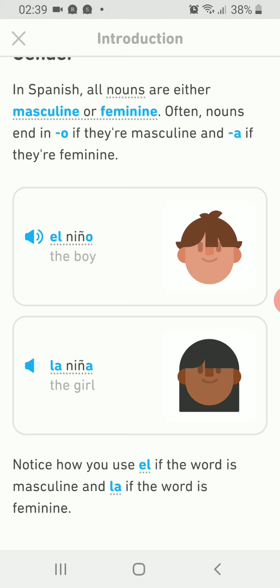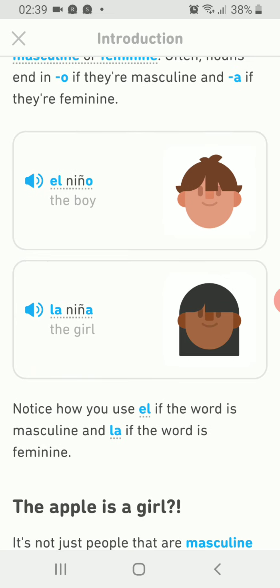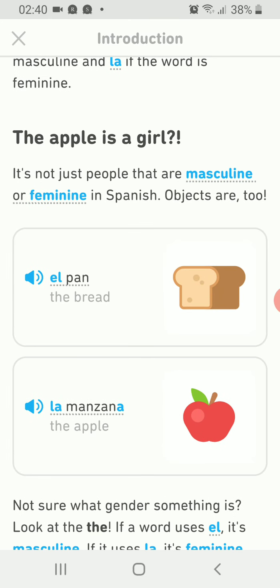So la niña, La Niña. Since the word niña ends with the letter A, it means that it's feminine. So notice how we use el for the definite article the when it's masculine, and we use la if the word is feminine. Very good.